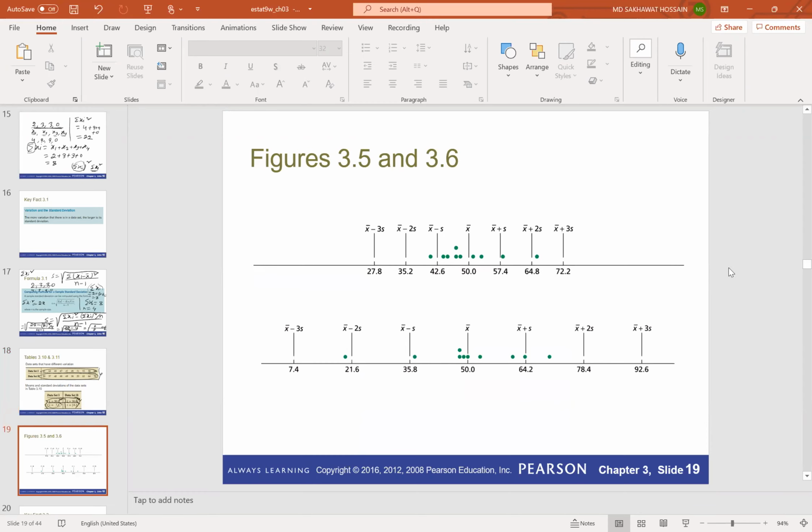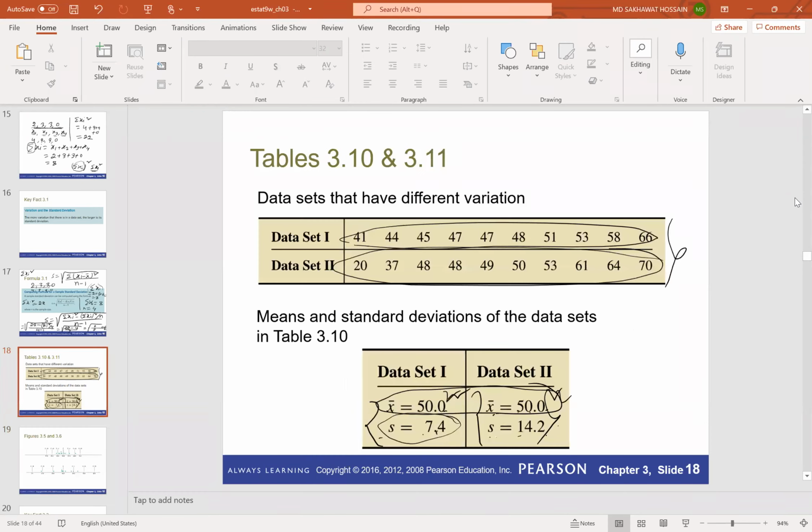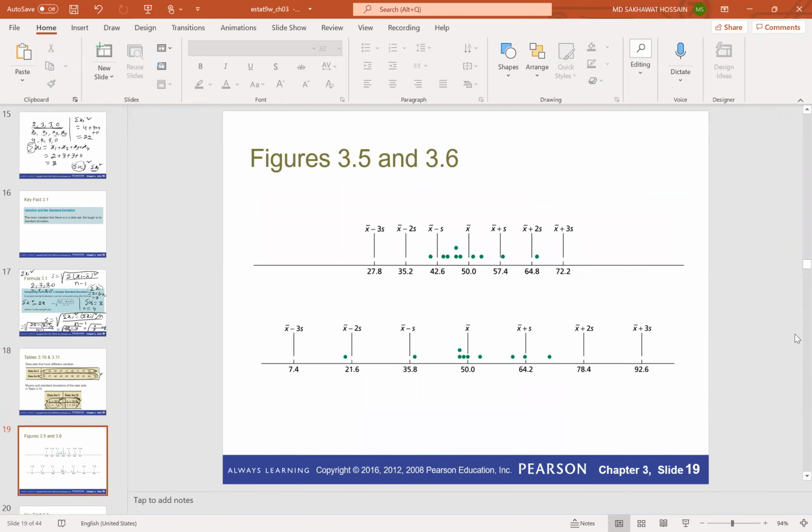Okay, so now you can see this figure. Most of the data set falls within 3 standard deviations from the mean, to the left and right. If you look at the first data set and second data set, this is the mean 50, and for the second one this is also 50.